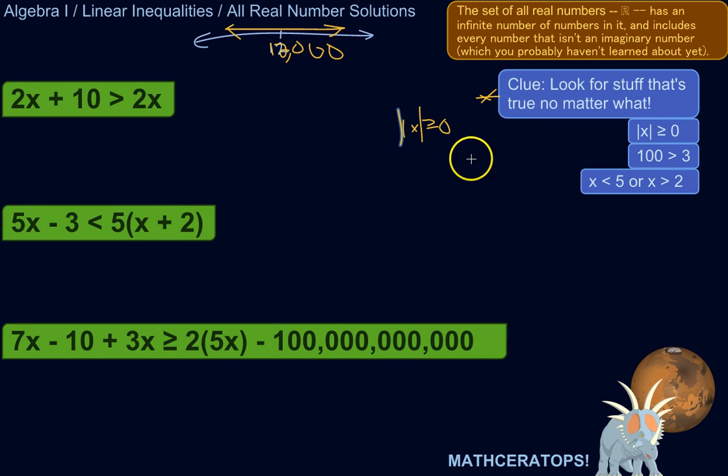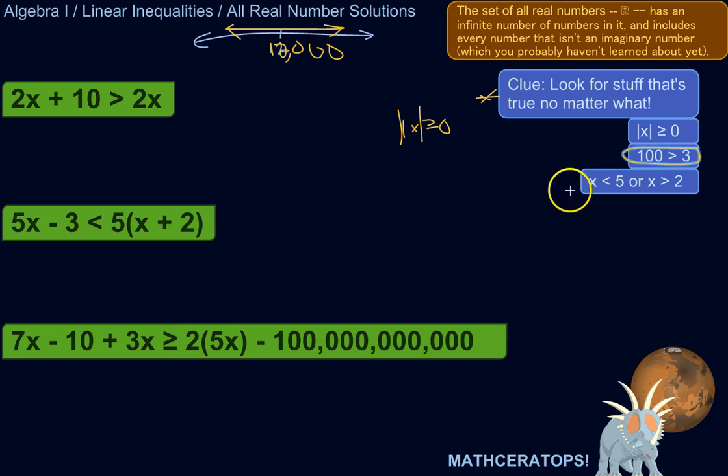Absolute value means distance from 0, so you're never going to get a negative number. Or if you get it down to something totally obvious like 100 is greater than 3, that means you can plug any number into the variable in the inequality, and it'll work out.